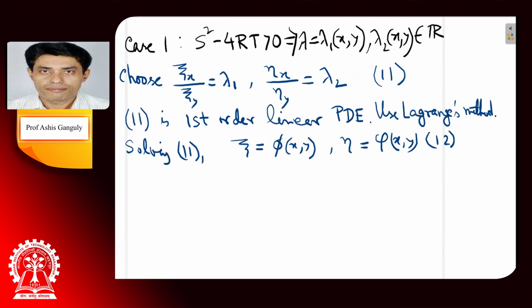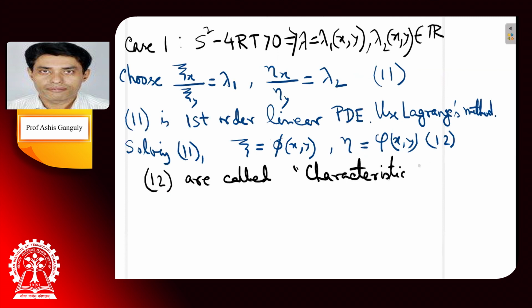Okay. Now, let me introduce two terminologies here. Those in 12 are called characteristic directions. Phi(x,y) equal to C1.